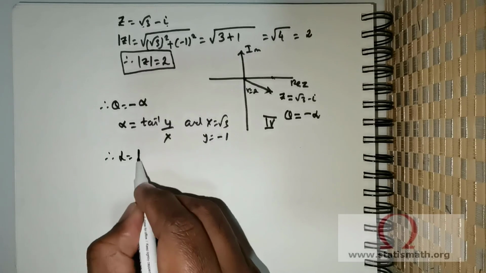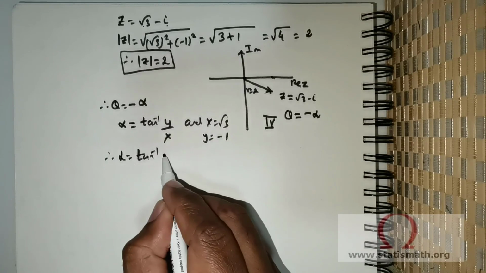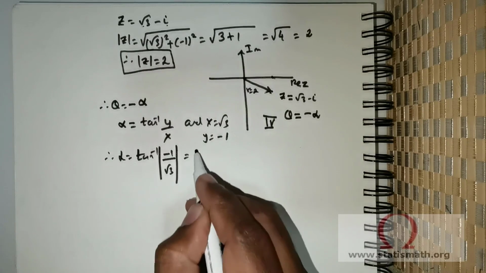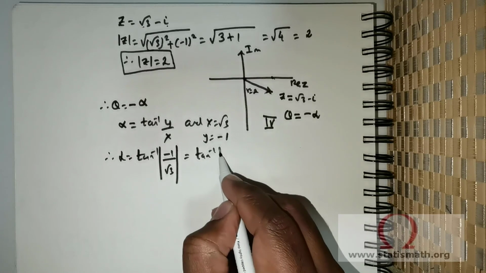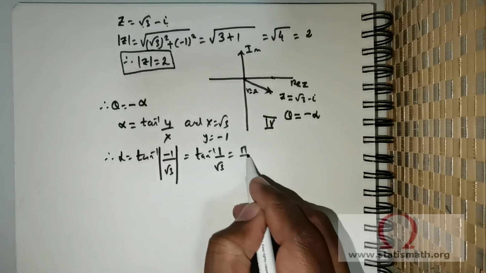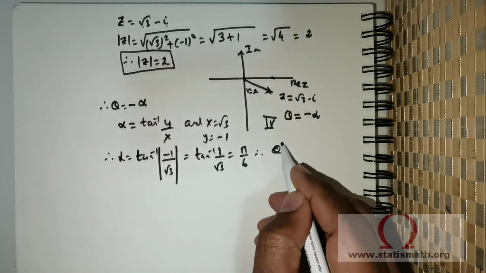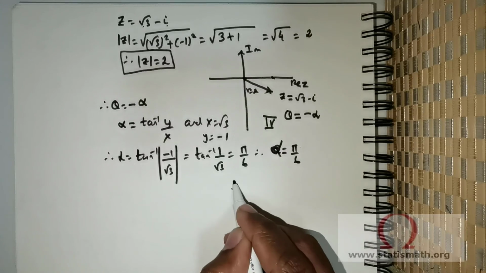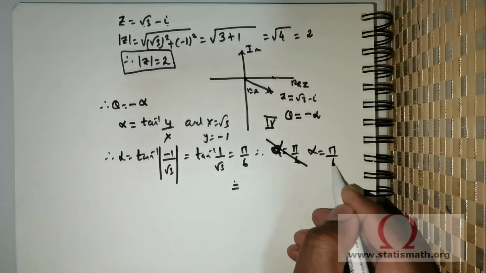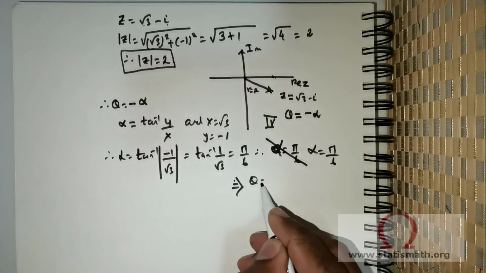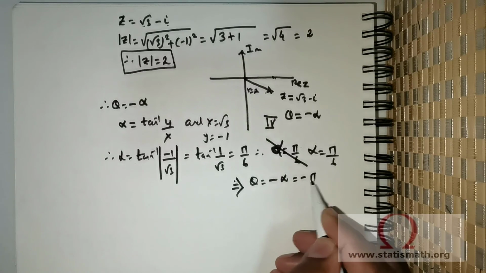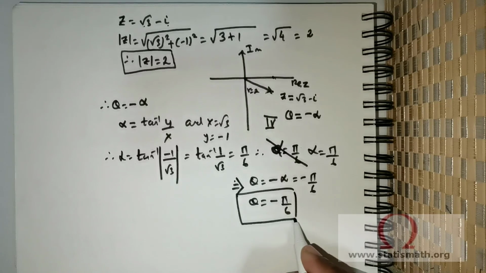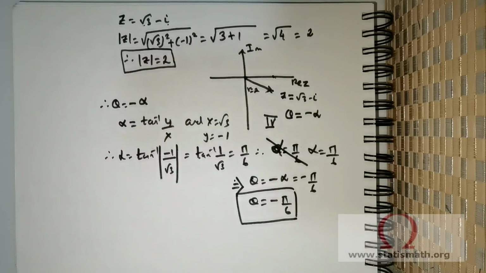So therefore alpha is equal to tan inverse of -1 divided by √3, but this has to go in the modulus, so that's going to be tan inverse of 1 over √3, which is pi over 6. So let me write down the value of alpha. Alpha is pi over 6. So this means theta is negative alpha, which is negative pi over 6. So you can write theta as negative pi over 6, which is the final answer to the question.